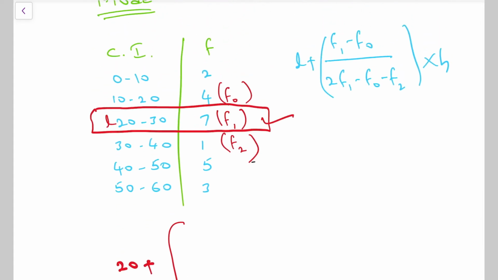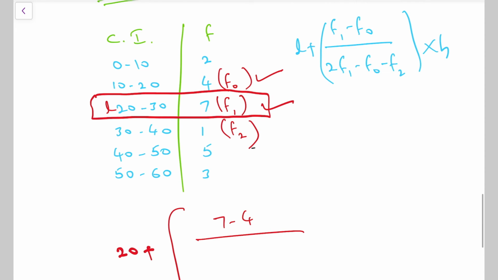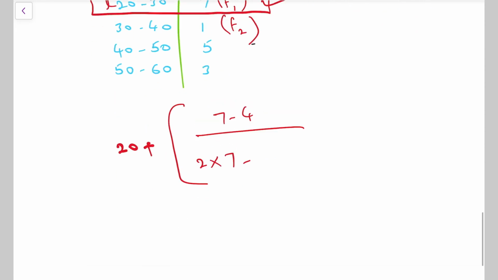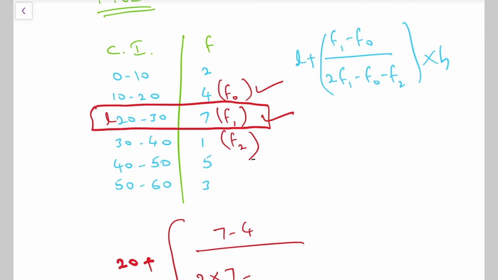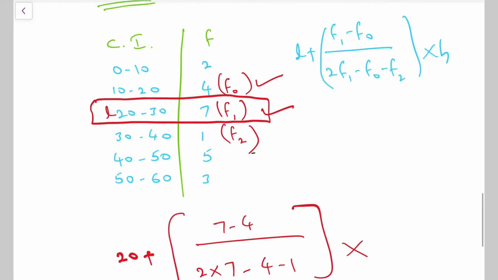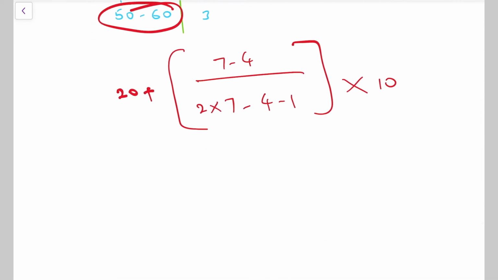F1 is 7, F0 is 4, 7 minus 4 divided by 2F1, 2 into 7 minus F0, F2, 4 minus 1 into H. What is this H then? Any class interval you take and do subtraction. For example, I am taking 50 to 60. 60 minus 50, 10. That H value will be 10.